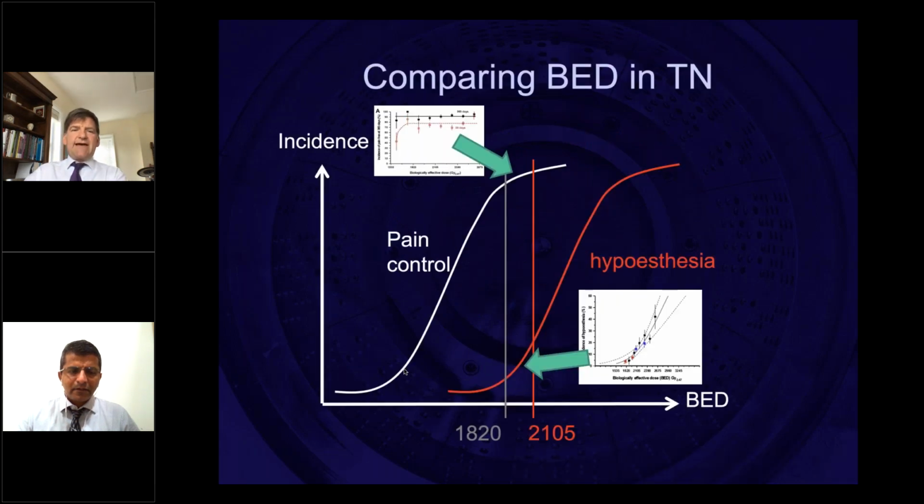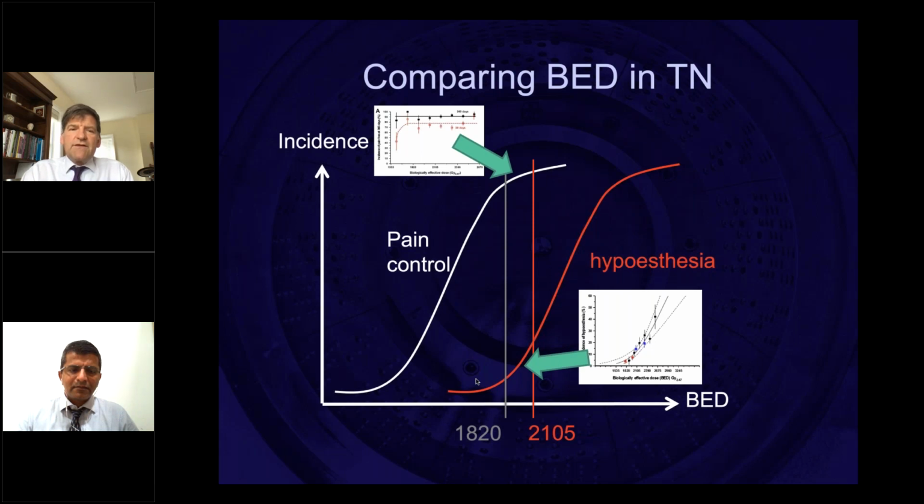So what we're seeing here are the classic dose response sigmoid curves that we see in radiation oncology. Typically, these will be for tumor control. The white one would be for tumor control, and then the red curve would be for normal tissue complications. But in this case, for trigeminal neuralgia, it's pain control on the left and hypoesthesia on the right. And you can see that the results that we got are very, very similar to different points on the curve.